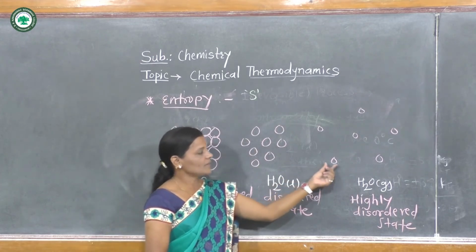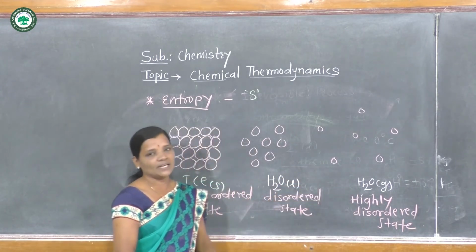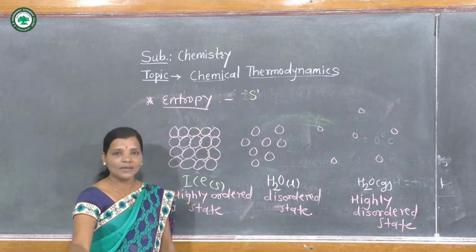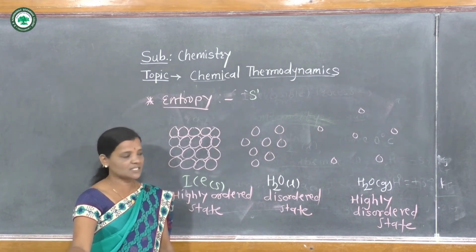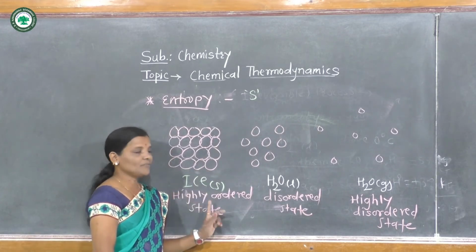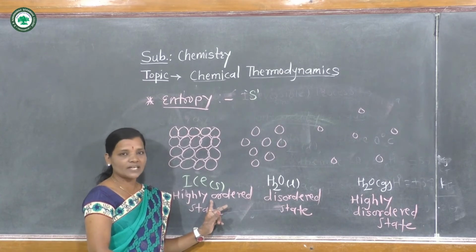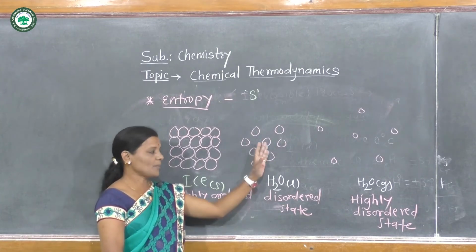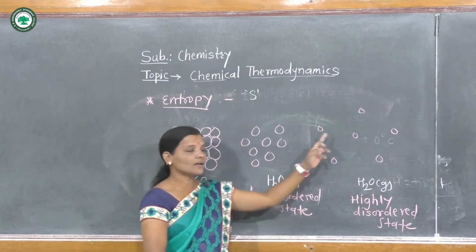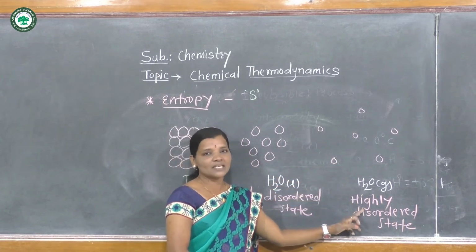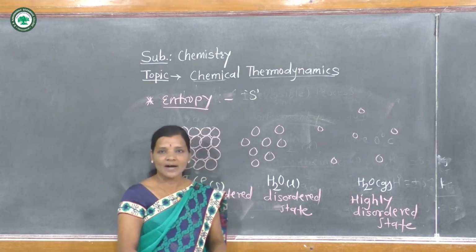It is observed that the more disordered the state, the greater is the entropy of that substance. That means the entropy of ice in solid state is less as compared to the entropy of water in liquid state, and the entropy of water in the gaseous state is found to be higher.